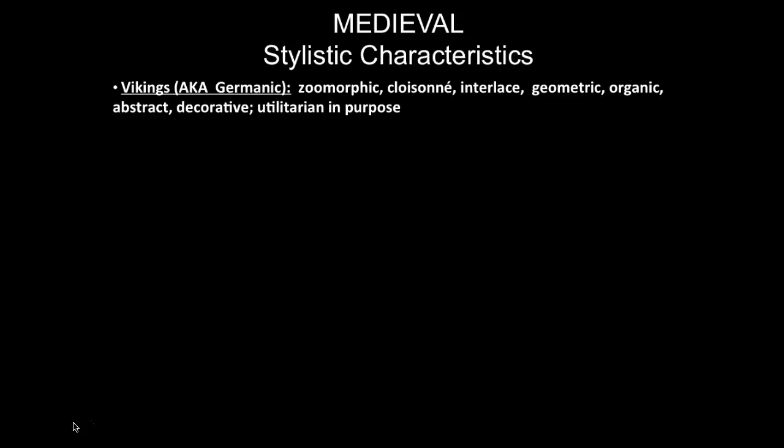which represents animal forms. Then we have cloisonne, a technique for decorating metalwork that would be inlaid with gems or stones. And then there's utilitarian, which would be pottery and weaving and wool work that is going to actually be used in everyday life.